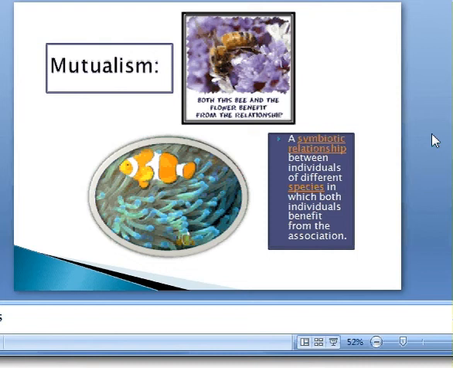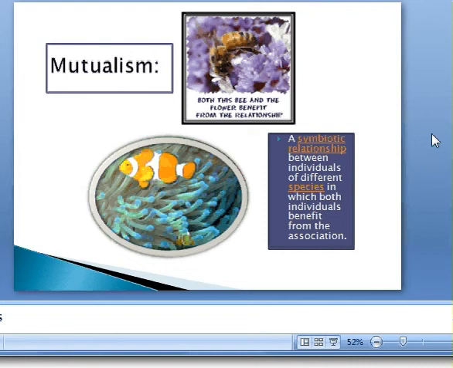So that's mutualism. And another good example is, we've all seen that movie, Finding Nemo. That's a clownfish down here. Well, clownfish are oftentimes found in and around sea anemones, and there's a mutualistic benefit going on there too, where the clownfish is feeding, so he's getting some food by eating little invertebrates that are growing on the sea anemone.